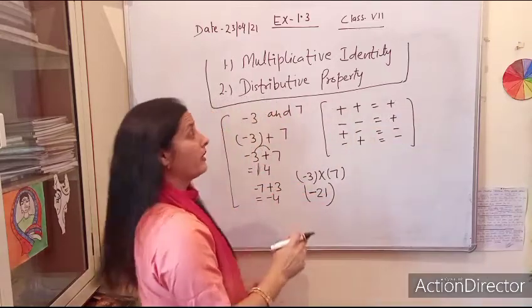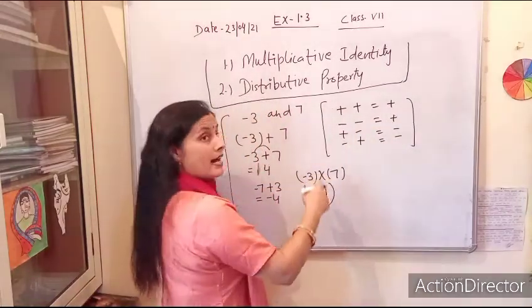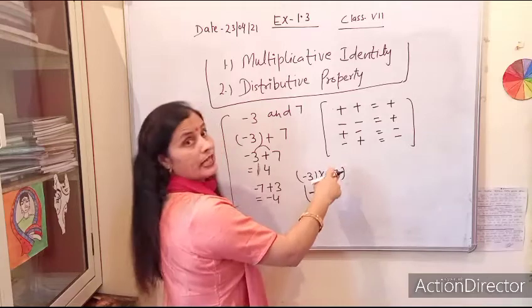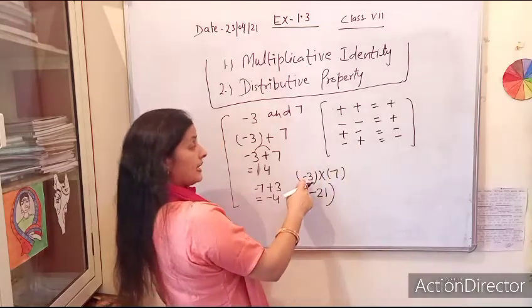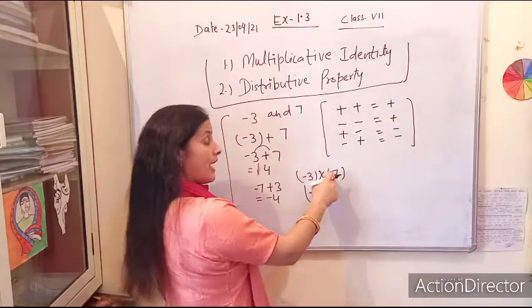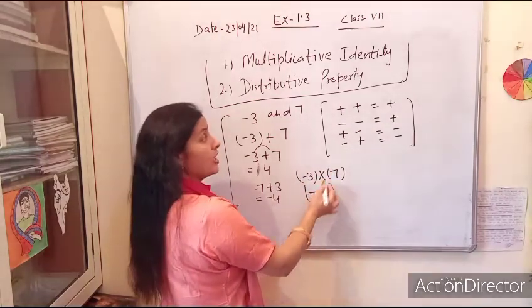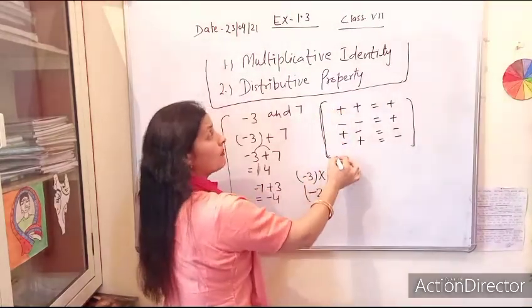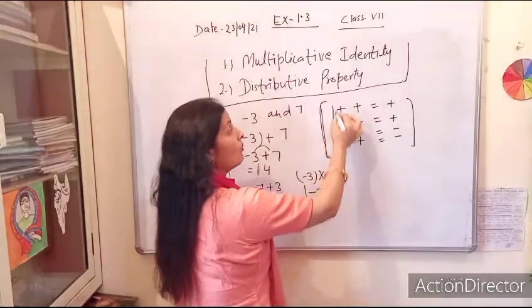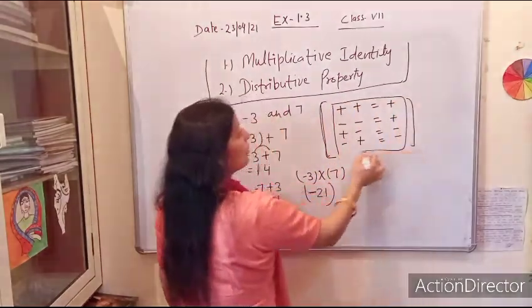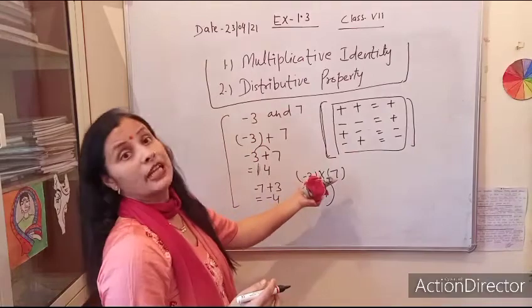It doesn't matter whether the number is larger or smaller in multiplication. You can see here easily: minus 3 into 7. 7 has a plus sign, but it doesn't matter, we have placed minus. So you have to keep it in your mind. The rule is generalized in a different way in multiplication.